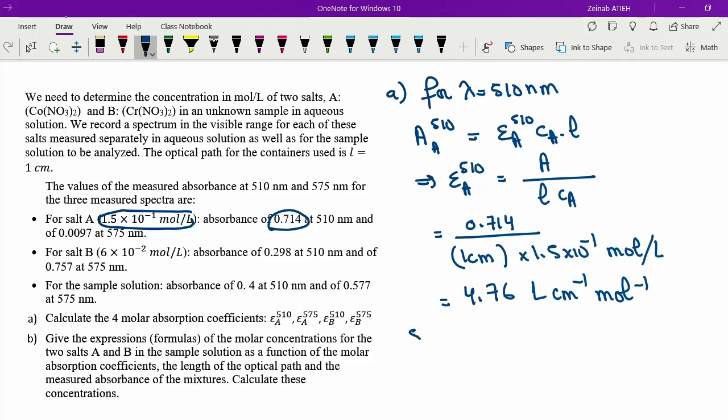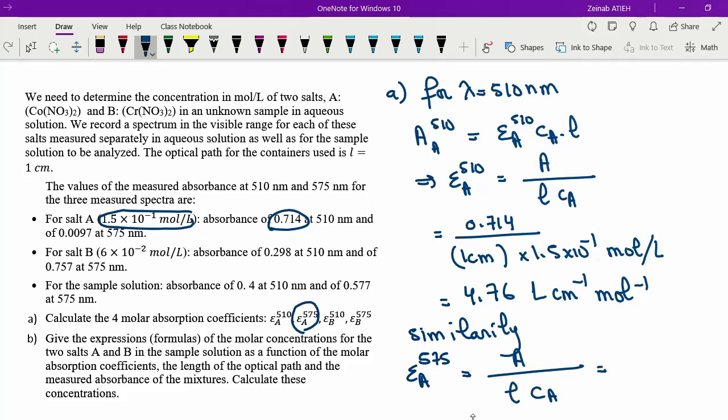Similarly, we can calculate epsilon A at 575. So epsilon A at 575 equals the absorbance at this wavelength over the width of the container times the concentration of A. Where's the absorbance? Here it is.